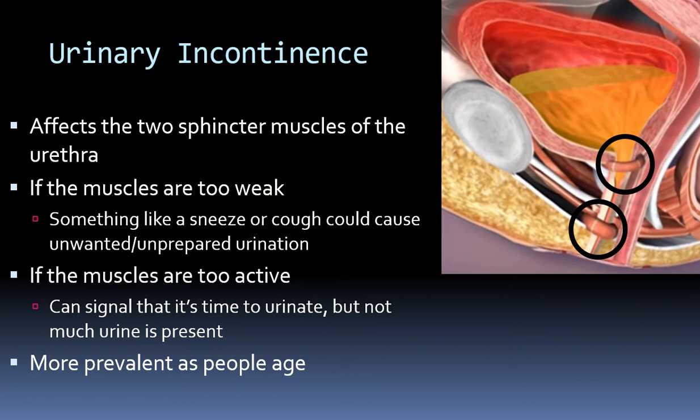One version of urinary incontinence is where the sphincter muscles are actually too weak. And when they are too weak, essentially they're not strong enough to hold back urine being stored in your bladder. They could be so weak that a simple sneeze or cough could actually result in unwanted or unprepared urination. But there is also a situation where the muscles are too active.